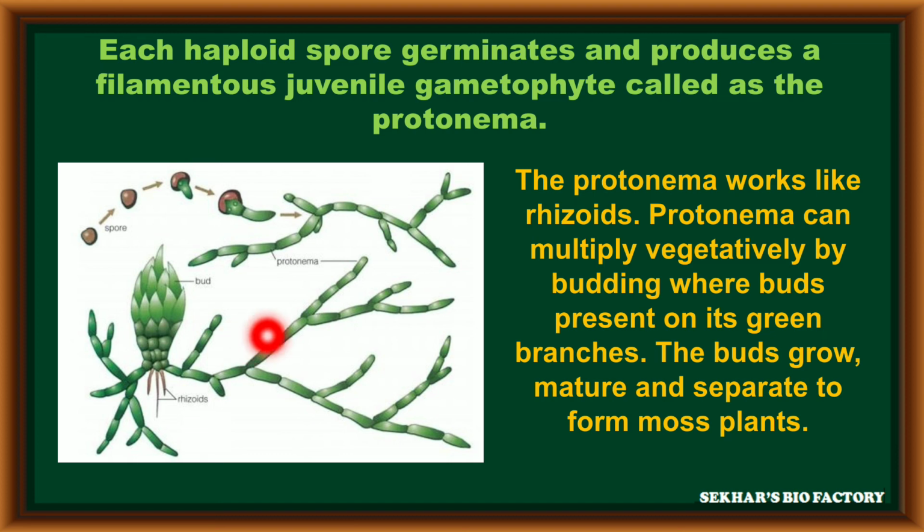This protonema works as rhizoids, and protonema can multiply vegetatively with the help of small buds present on green branches. These small buds grow into matured ones and separate. When separated, they can form a moss plant or gametophytic plant body.